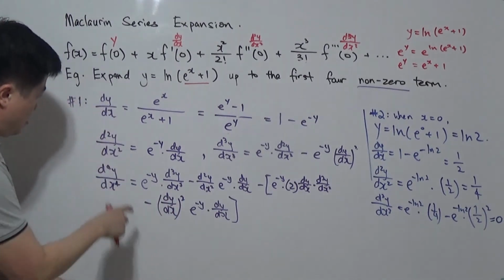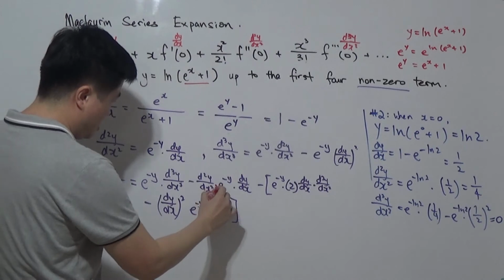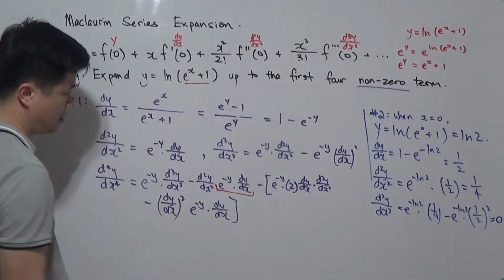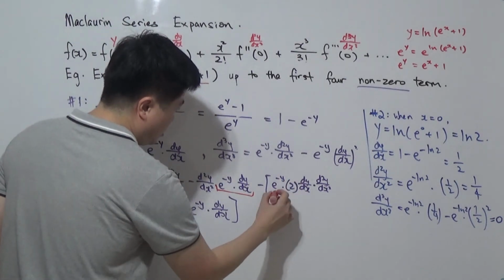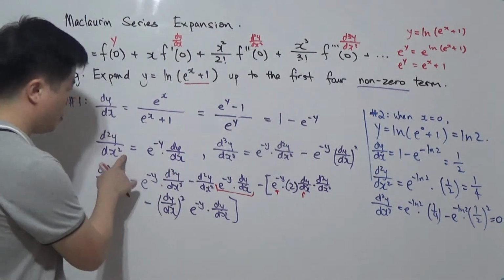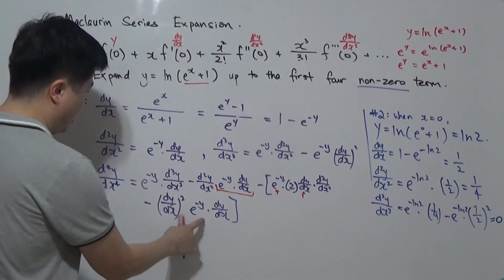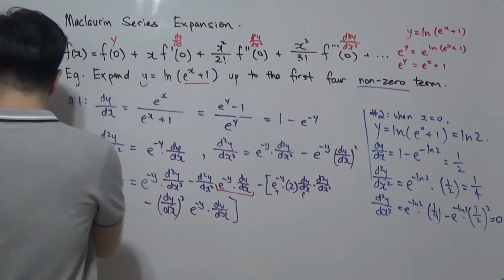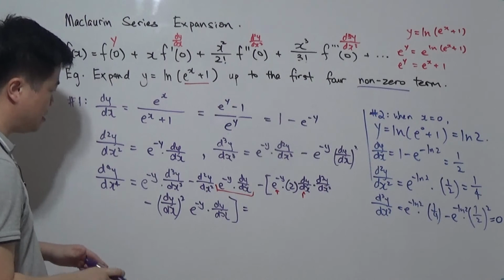Look at this. We got a d2y/dx², which is e^(-y) dy/dx, so we got this one, which is e^(-y) dy/dx, so we can actually simplify this guy. And then at the same time, we have the 2, omitting the 2, we have this guy and this guy, which is also the d2y/dx², and then over here as well. So I think we can simplify this a little bit more, and make our life a little bit easier.